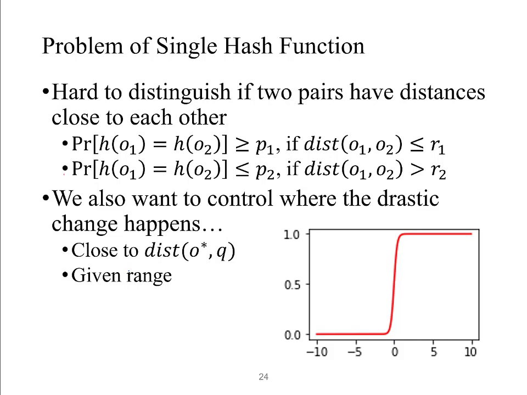We don't want it to be too smooth, because ideally, even if R1 and R2 are close to each other, we still want P1 and P2 to be distinguished from each other. Or let's say we want a figure like this. Of course, this is for similarity.